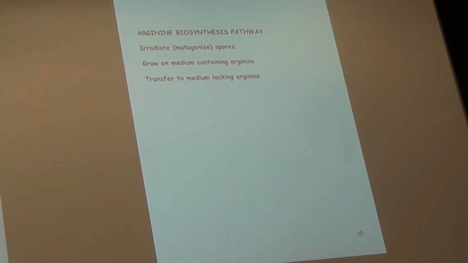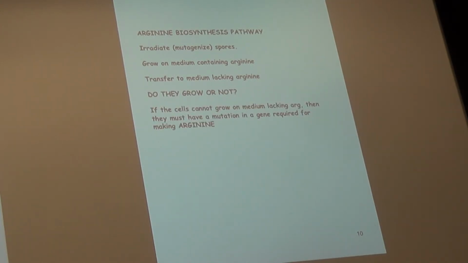And the ones that can't grow in the absence of arginine, the mutant cells, are the ones that are mutagenized for that part. So, do they grow or do they not grow? If the cells cannot grow on medium lacking arginine, then they must have a mutation in the gene required to make arginine. All right? Is that clear?